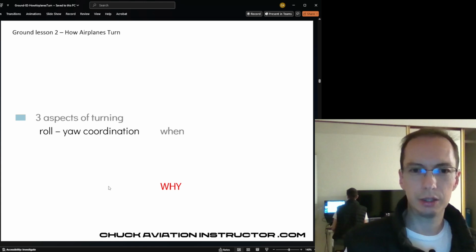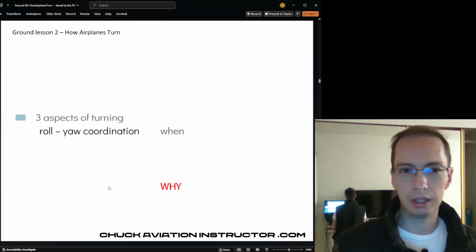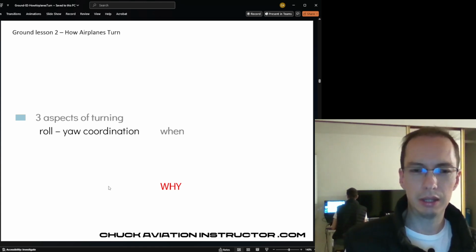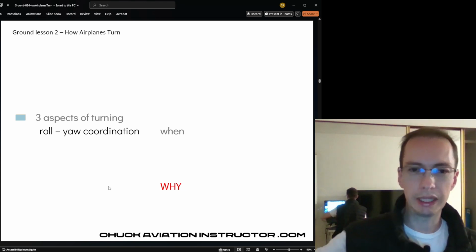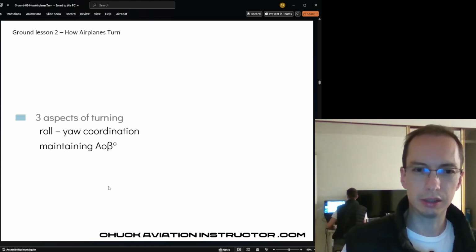Why? I already said, because you need the tail to follow the nose to avoid side loads, and you need to remove all the unnecessary drag, particularly when you're rolling out, which is the dirtiest.